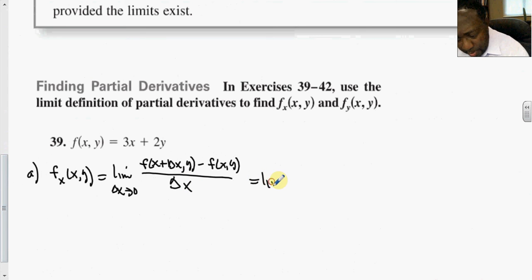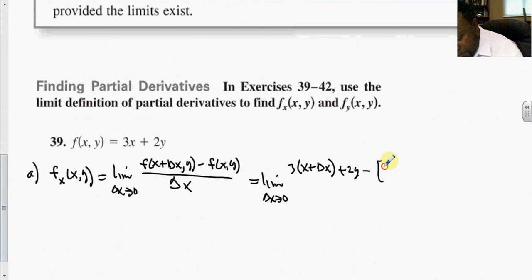Wherever we see x, we write x plus delta x, plus 2y, now minus the function, and the function here is 3x plus 2y, all over delta x.